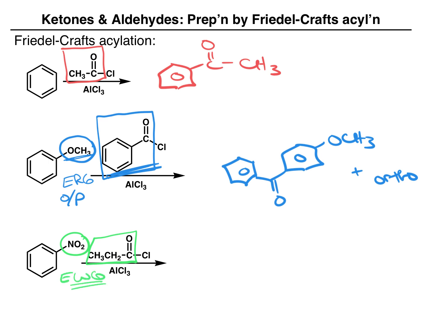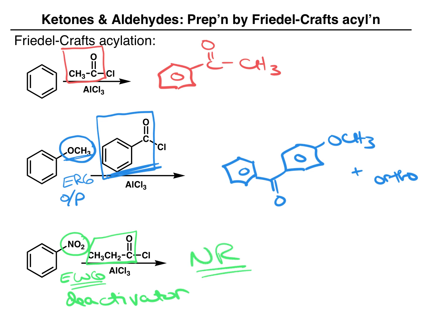No matter what the nitro group is connected to, we can always think of it as an electron withdrawing group. In the context of electrophilic aromatic substitution, the nitro group is a deactivator. In fact, it is very, very strongly deactivating, which means if we try to carry out a Friedel-Crafts acylation, we are going to get no reaction.